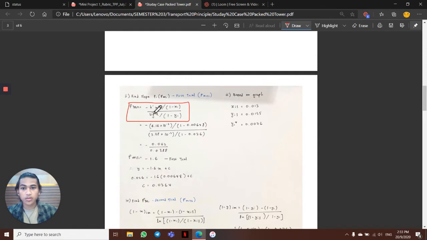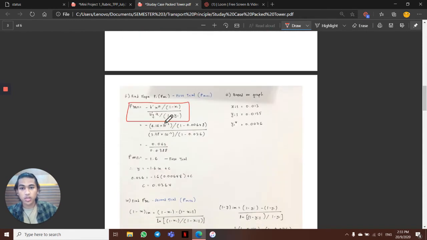M is gradient. So the formula is negative K prime XA, which we already have, over in bracket 1 minus x1, which is the point on the equilibrium line, over K prime YA, which is also already given, over in bracket 1 minus y1, which is the point on the equilibrium line.